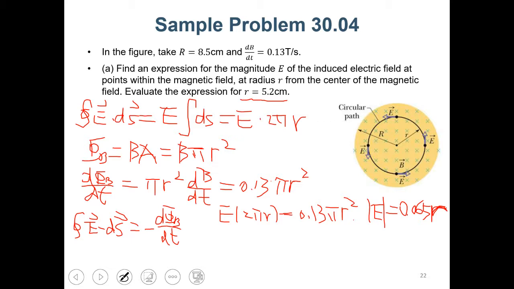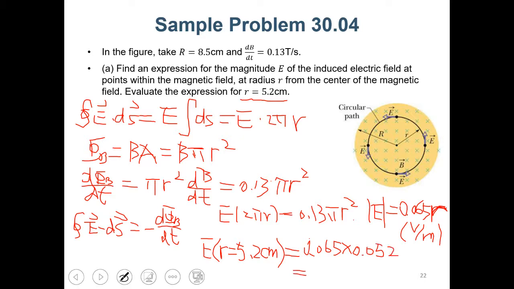The unit will be V/m. So we substitute r equals 5.2 centimeters. It is nothing but 0.065 times 0.052. So the answer is 3.4 millivolts.